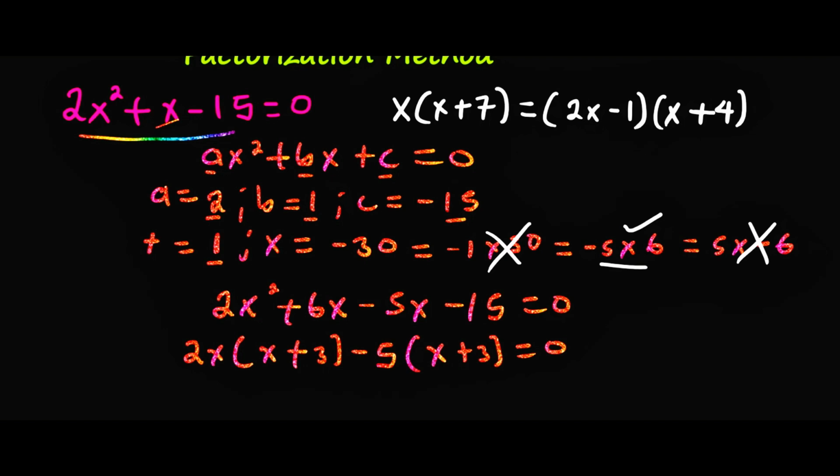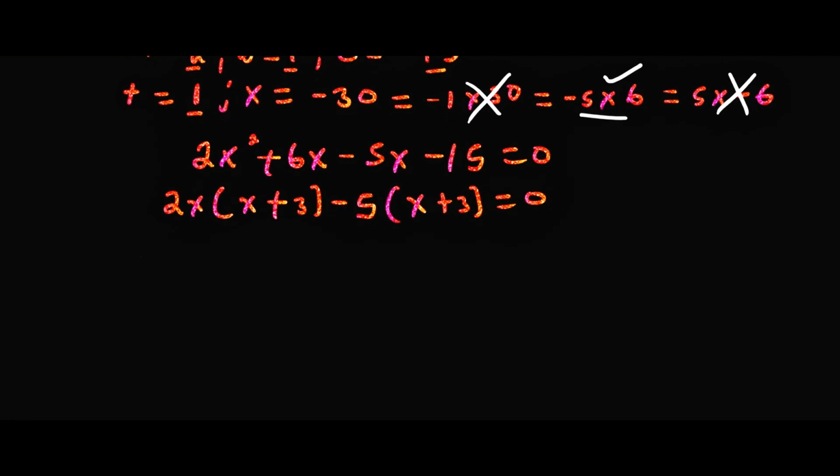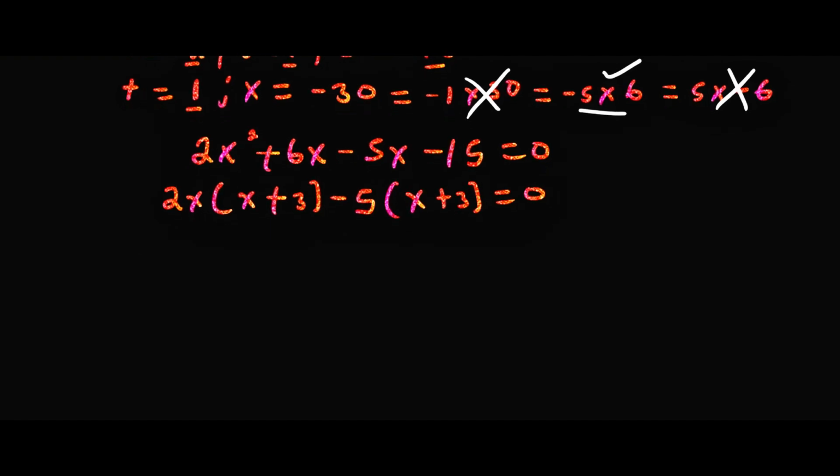The next thing would be to take the ones outside the bracket, that is 2x and negative 5. And we do the same with one of these inside the bracket, that is x plus 3. And that's equal to 0. So we have a product of two numbers that gives an answer of 0. It means either one of them is 0.